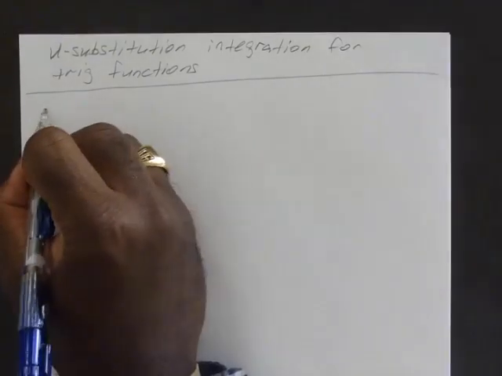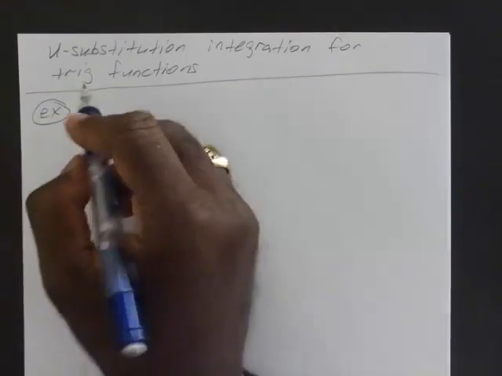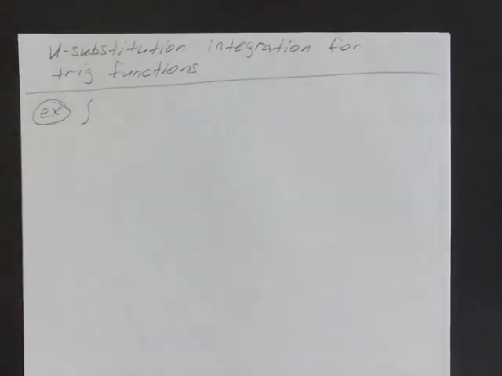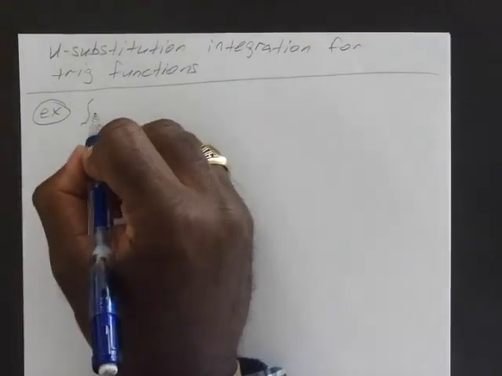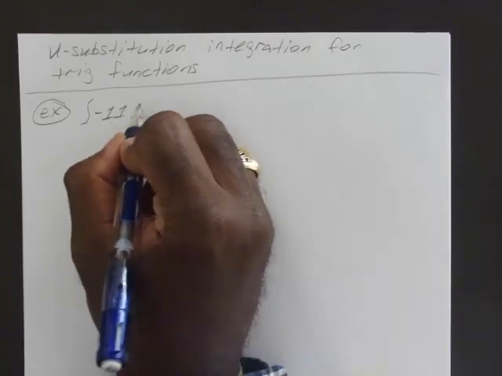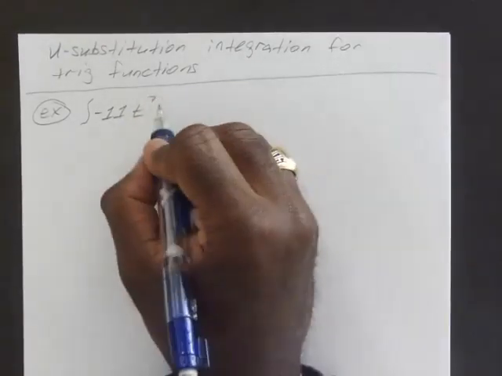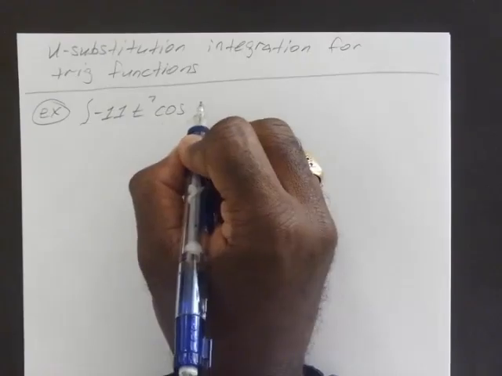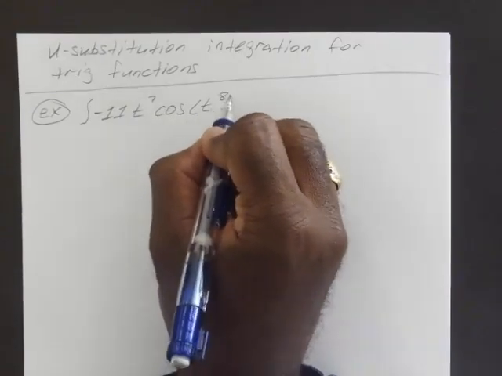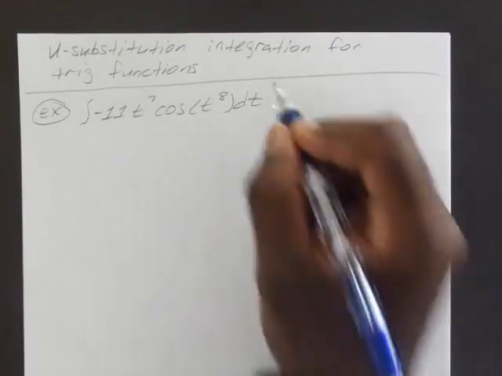Okay, so let's say, for example, we want to find the integral of negative 11 times t to the 7th power times cosine of t to the 8th power dt.